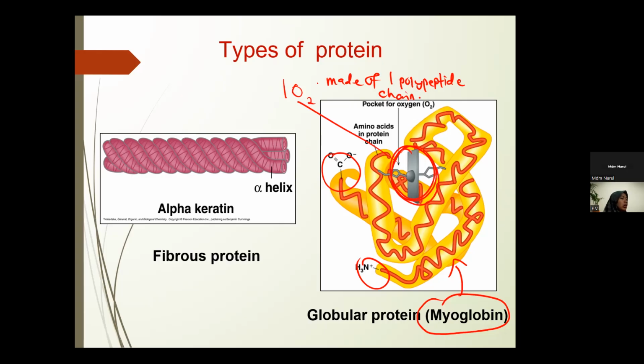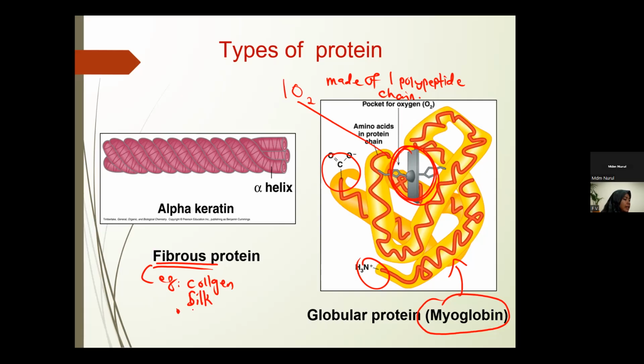Okay, so contoh fibrous protein tadi, apa contoh dia? Contoh tadi, example, collagen, silk. Sebab we are talking about fibrous protein kan? Okay, silk dan juga another example. Tambah dalam nota.